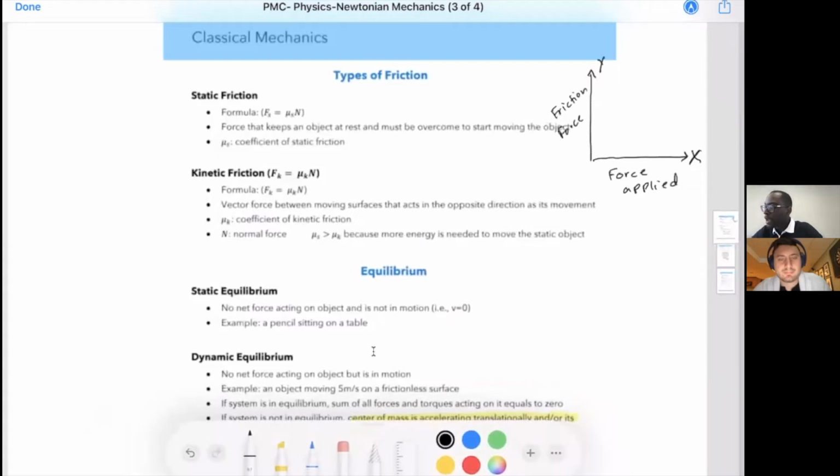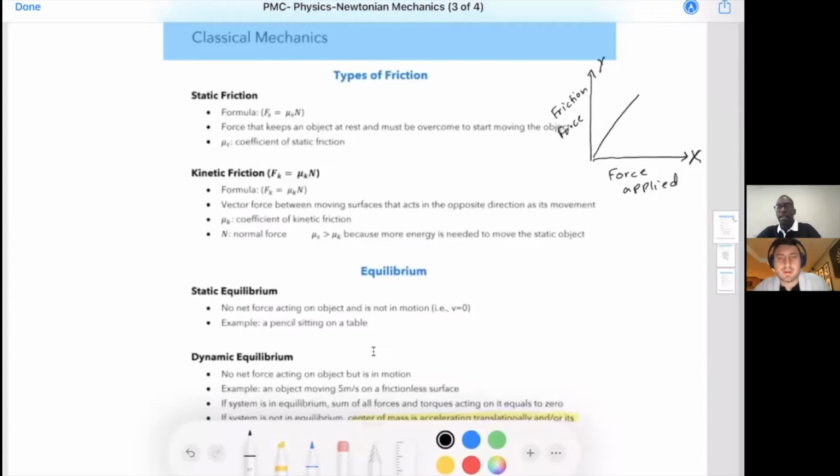What we actually end up seeing is that with increasing force, there is that direct relationship I was talking about. Essentially, I'm trying to graphically illustrate what this equation is telling us. With increasing force applied, we see a linear increase in the frictional force up to a certain point.